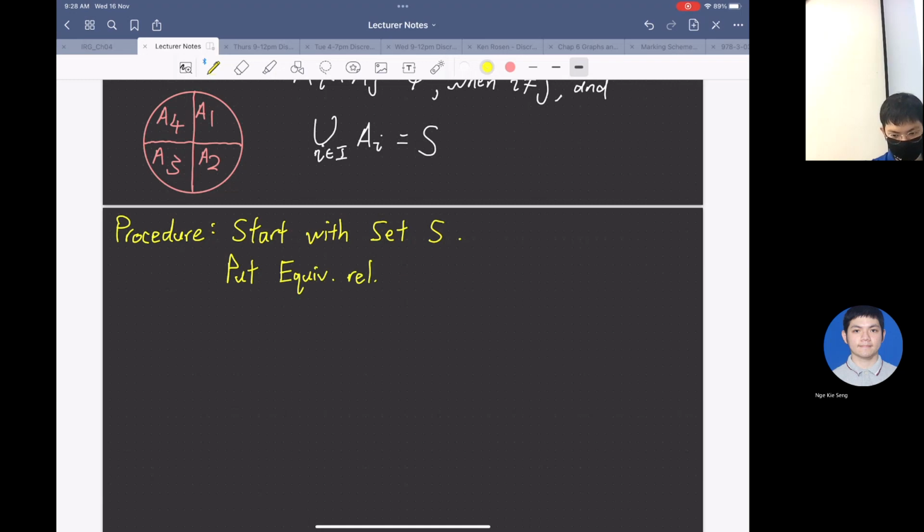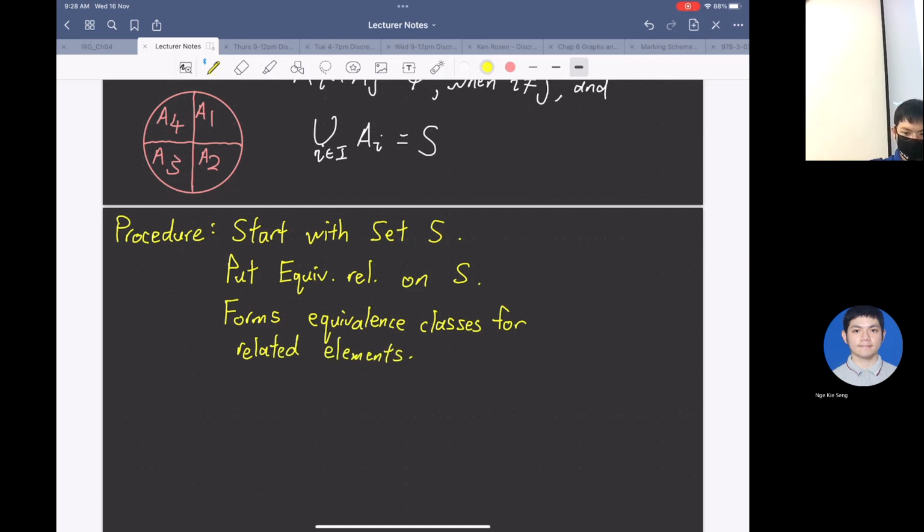You relate elements with elements, so you form equivalence classes for related elements.